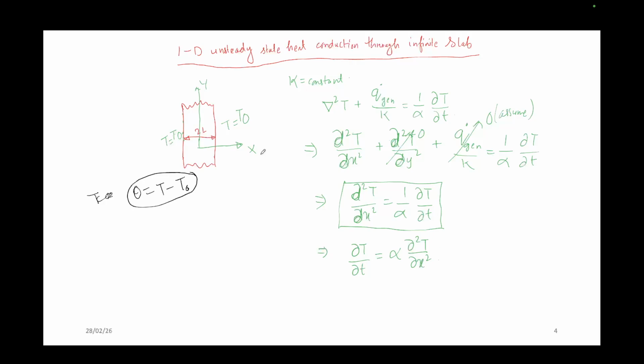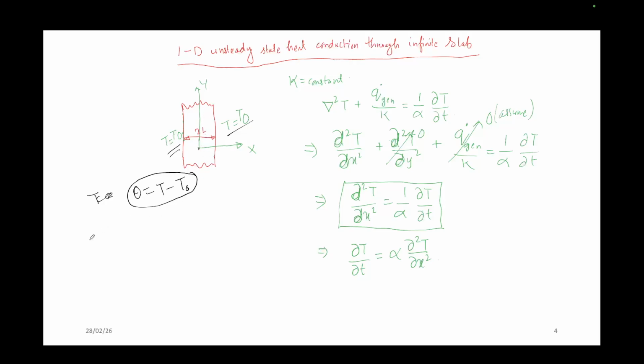So what is the boundary condition here? That is important. For our understanding we convert this into theta as T minus T naught. Now this is at origin, and we have seen why we have taken the axis in the middle, because this is a symmetry problem.